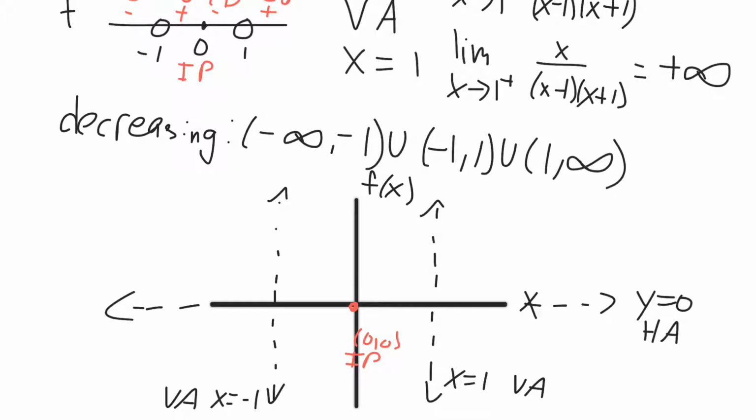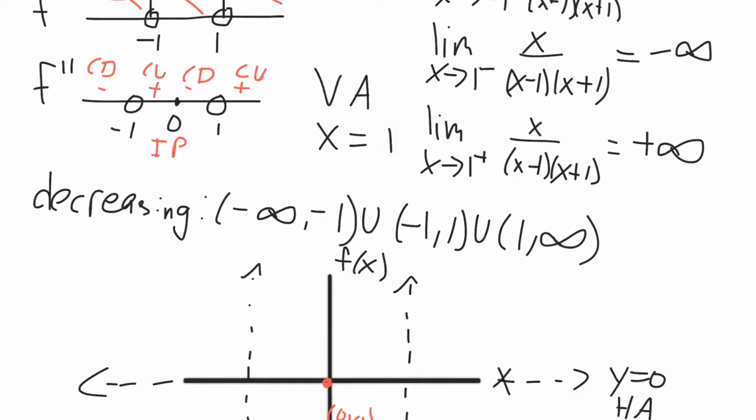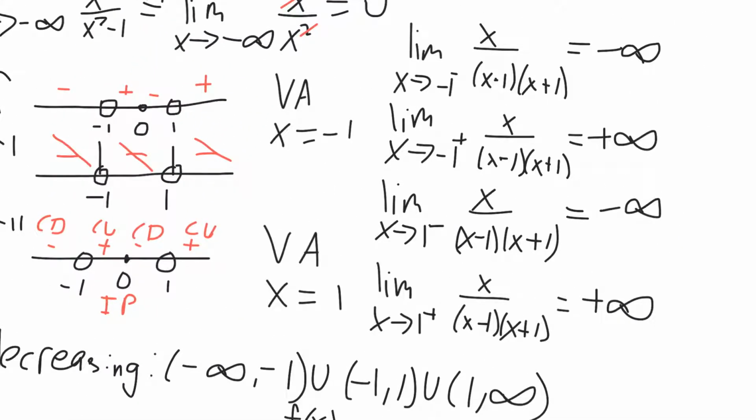And so what do we have? Well, we know the function has to be decreasing. And if we take a look at the information we found from our vertical asymptotes, we know that for x equals negative 1, on the left-hand side it should be negative infinity, and the right-hand side it should be positive infinity.